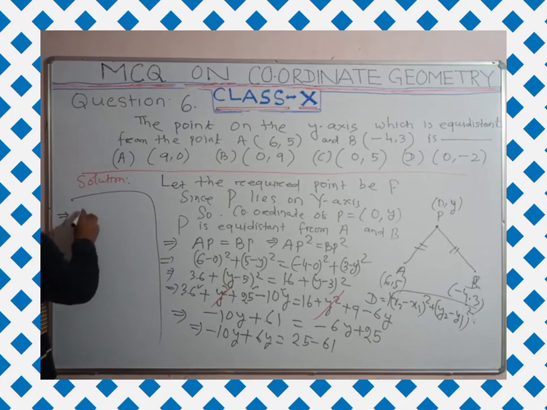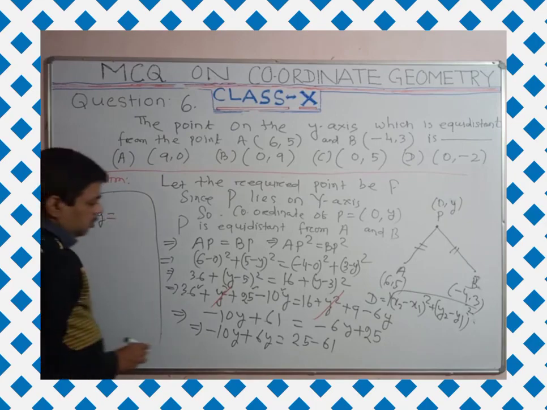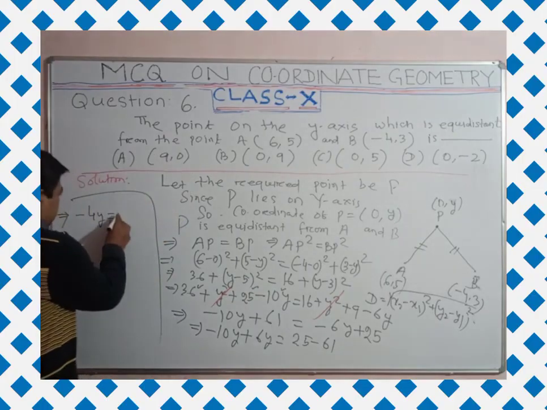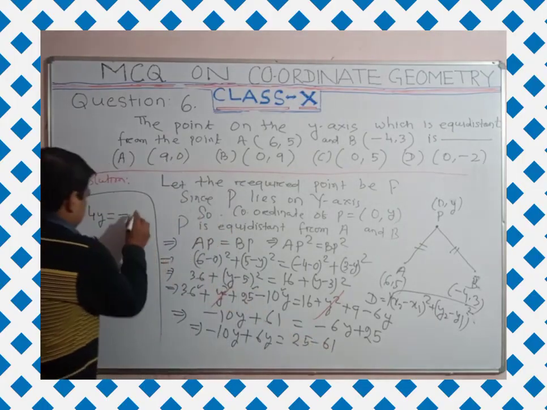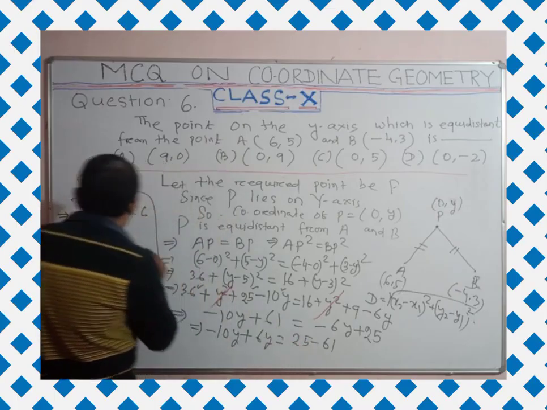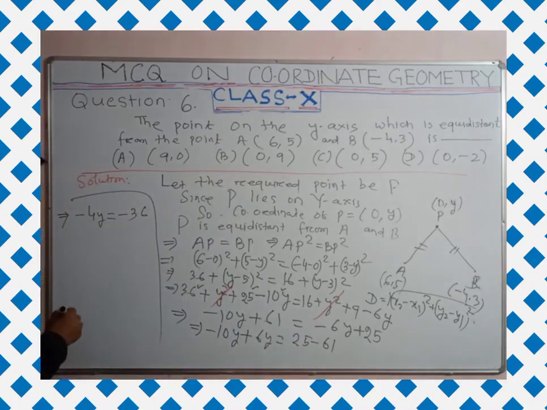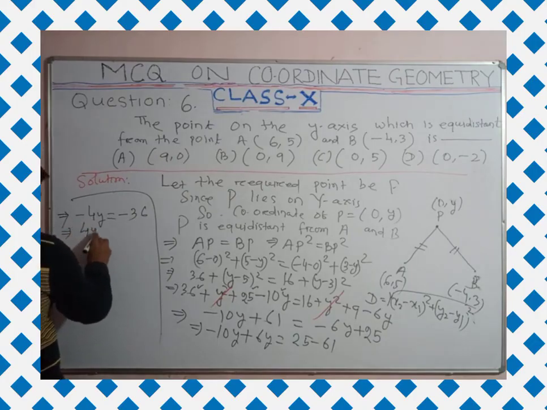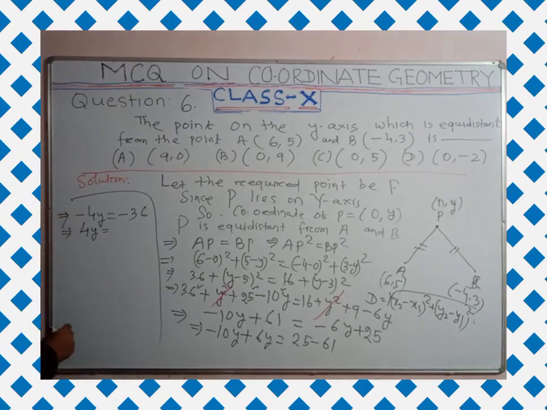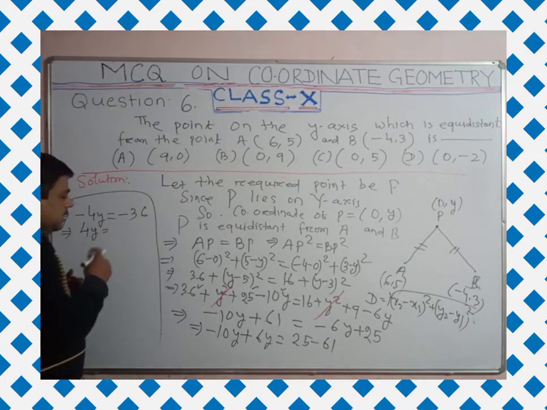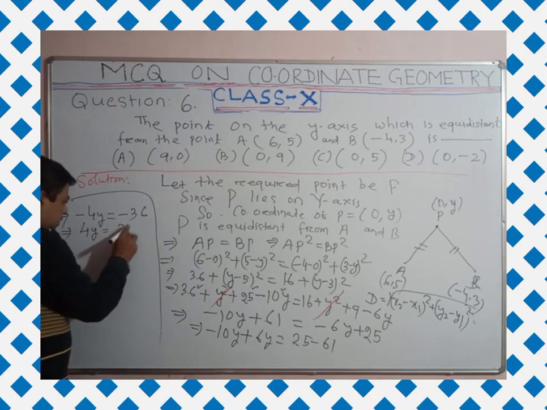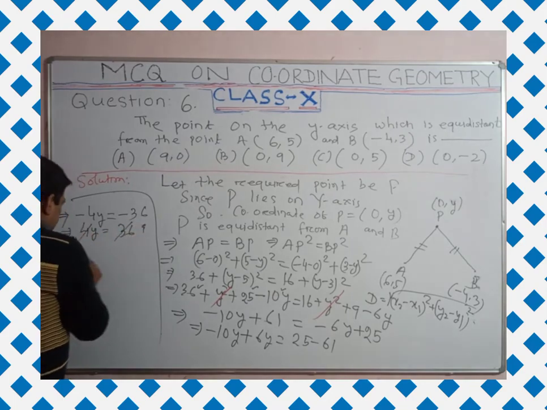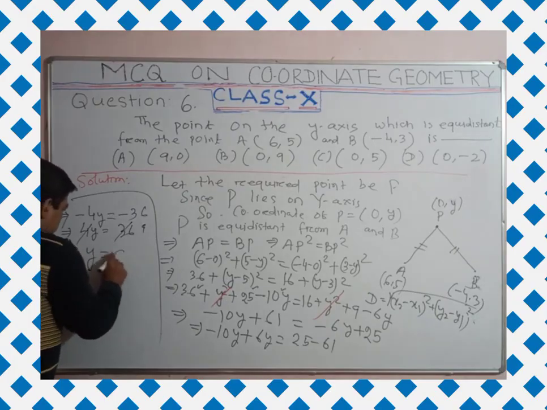That implies minus 4y is equal to 25 minus 61, which is minus 36. So minus 4y is equal to minus 36. Changing the sign on both sides, it will be plus 4y equals plus 36, and after cancellation 4 nines, so what is the y value? y is equal to 9.